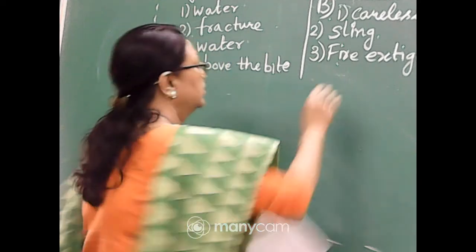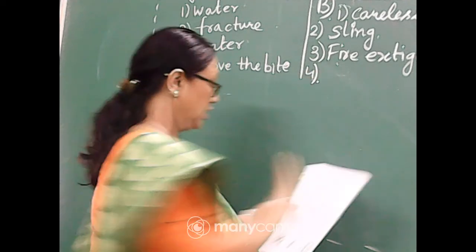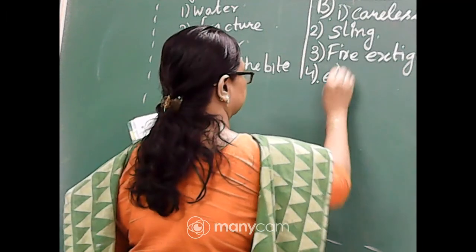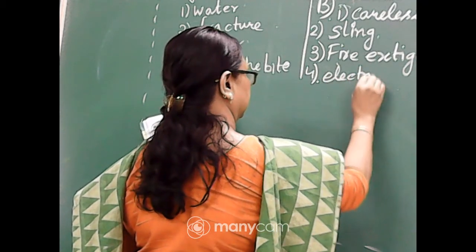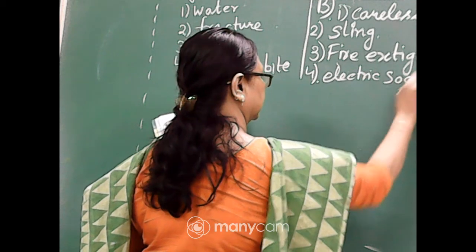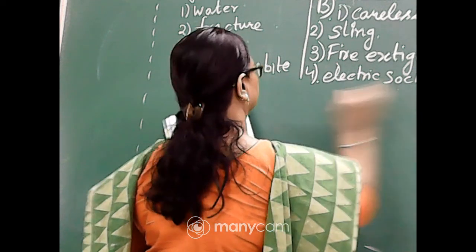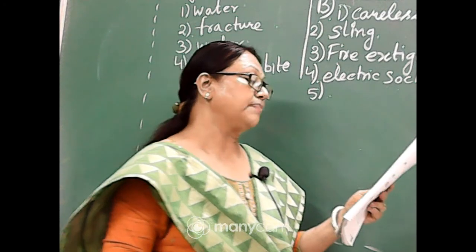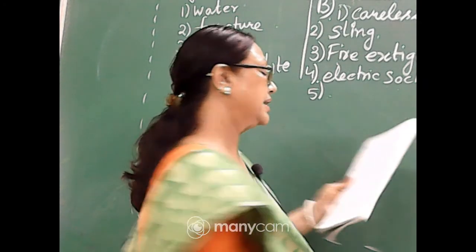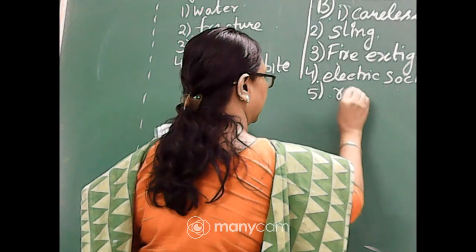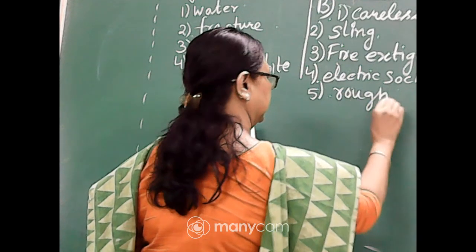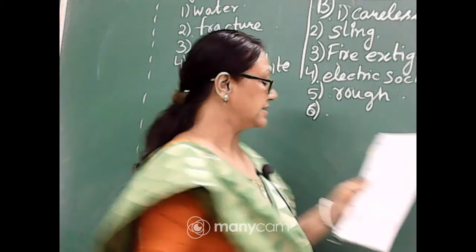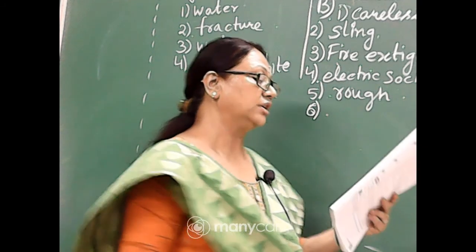Then the fourth one is, do not touch sockets, electric sockets. And the fifth one is, we should not play rough games, it is a rough game. And the sixth one is, we should always walk on the footpath.